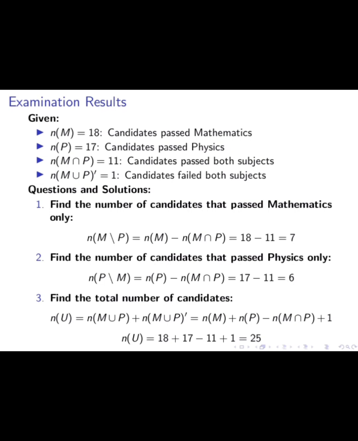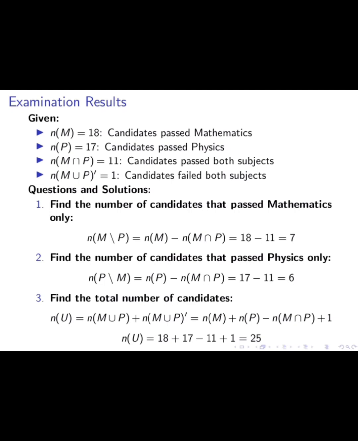If you take those people that did maths and physics from those ones that did maths, you have 7 people. So we have only 7 students passed mathematics. The same approach, physics given mathematics, that's going to be 17 minus 11, that's 6. So we have only 6 students that passed physics.